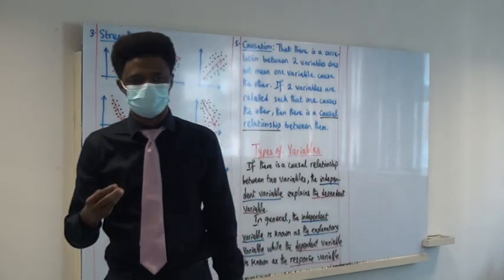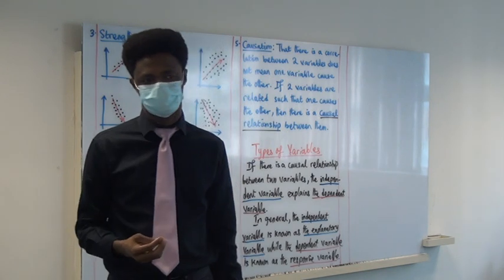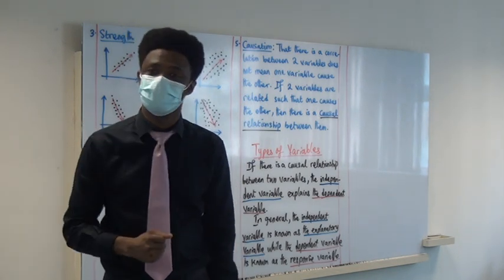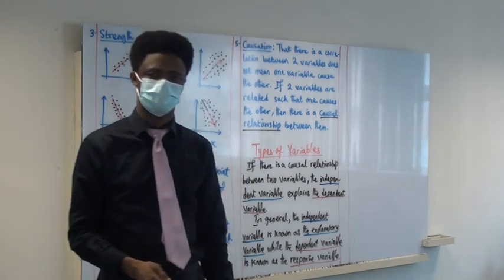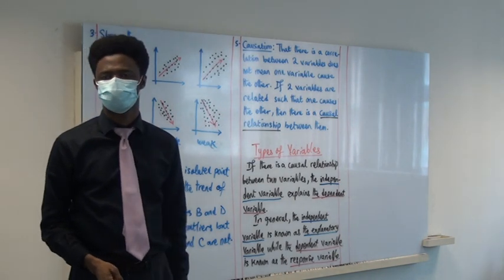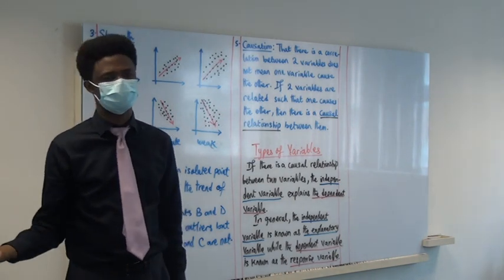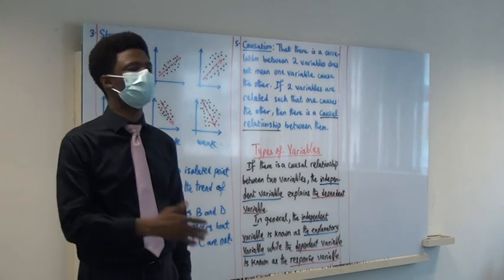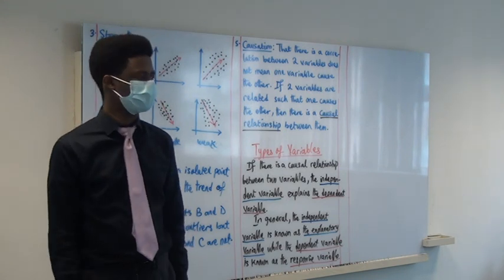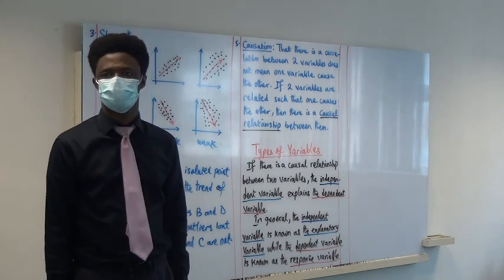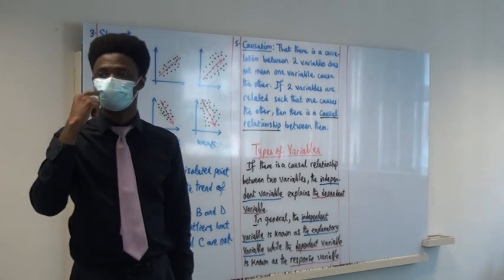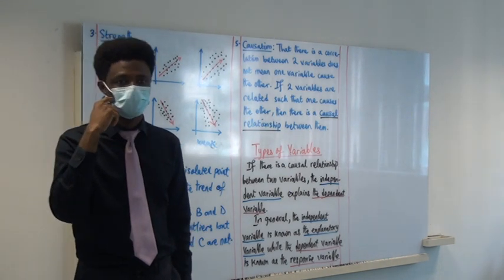Is there a causation or a causal relationship between these 2 variables that you have found to be related? Because if they are related, does it mean one causes the other? Elsie, you have 2 options. Does it mean one causes the other? Okay?